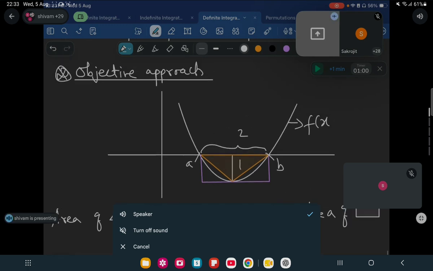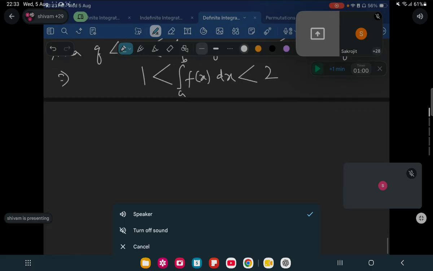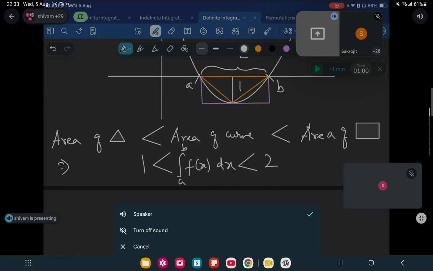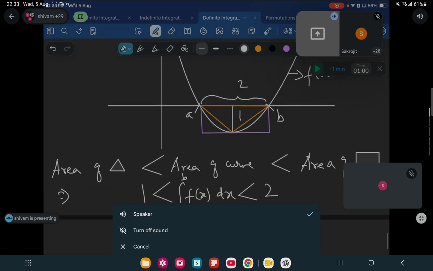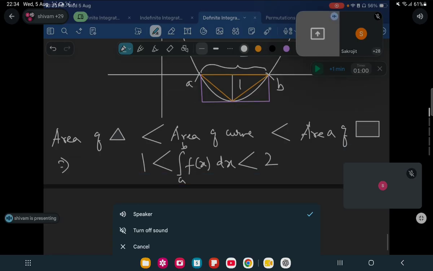From here we can say that the integral from a to b f of x dx must be greater than 1 and must be less than 2. Area of the triangle is 1 unit and area of the rectangle is equal to 2 units. So this is how you can eliminate some of the options, when the integral is given in some inequality or you are unable to solve the integral.